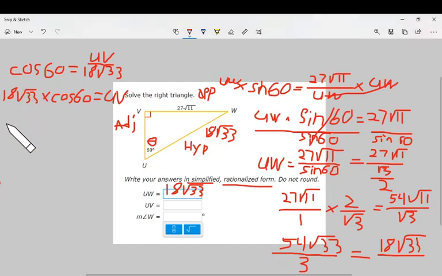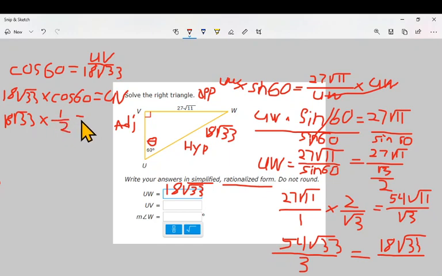So I'm going to rewrite the equation here as 18 square roots of 33 times, and again, instead of writing cosine of 60 degrees, I'll go ahead and write 1/2 equals UV.